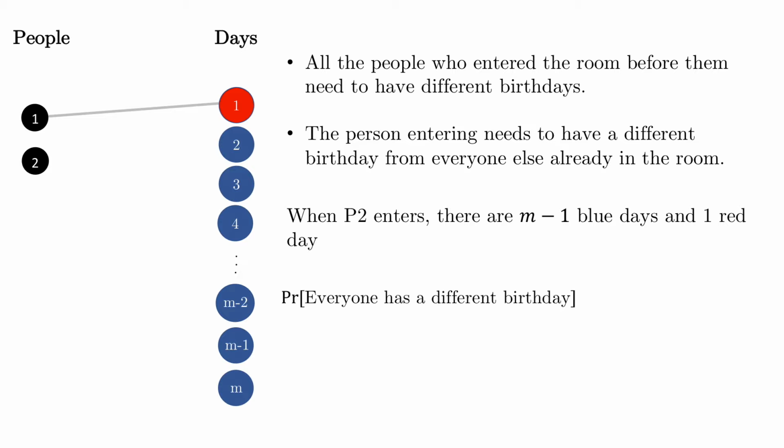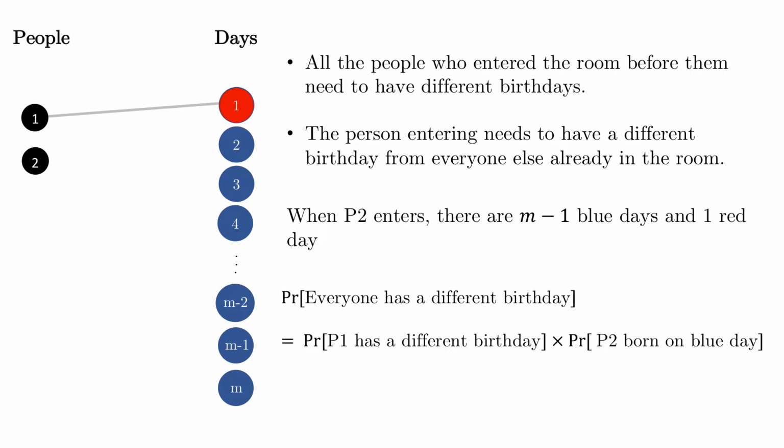We want to know what is the probability that all 2 people, or in this case everyone, has a different birthday. Using the principle we stated, that would be the probability that person 1 has a different birthday times the probability that person 2 was born on a blue day, or a day that's not a red day, the day that someone else was born in.